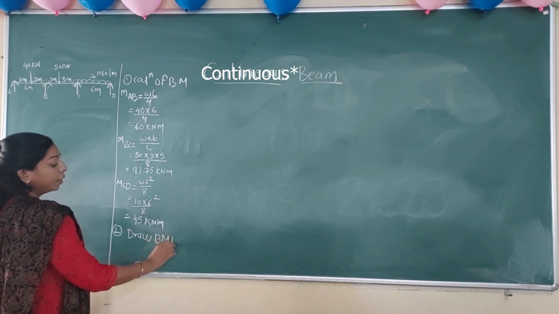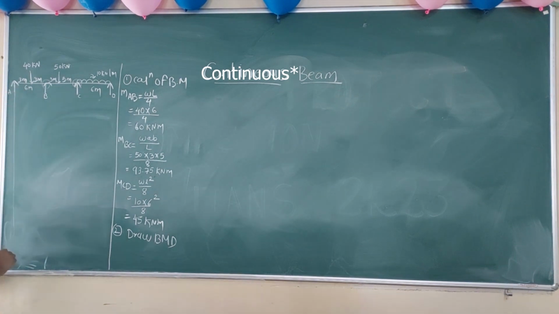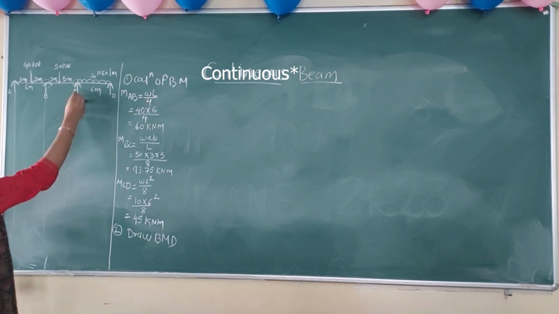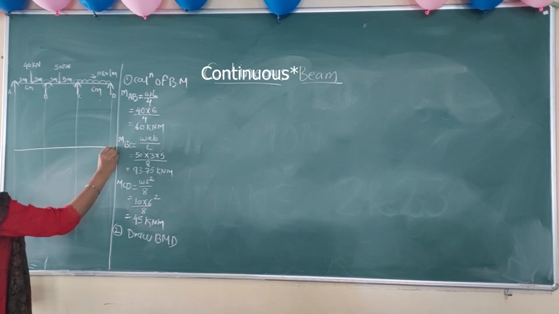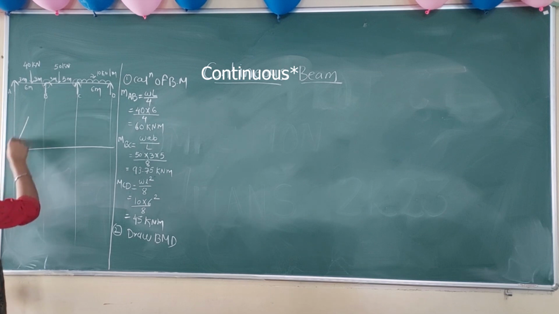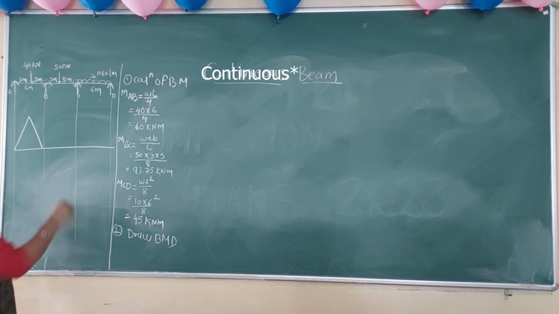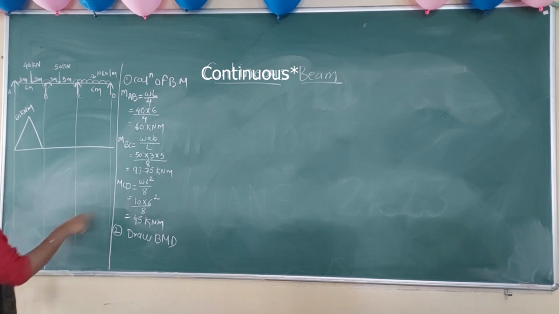Then the second step is to draw the BMD, which is also called the mu diagram. AB is 60 kilonewton meter.